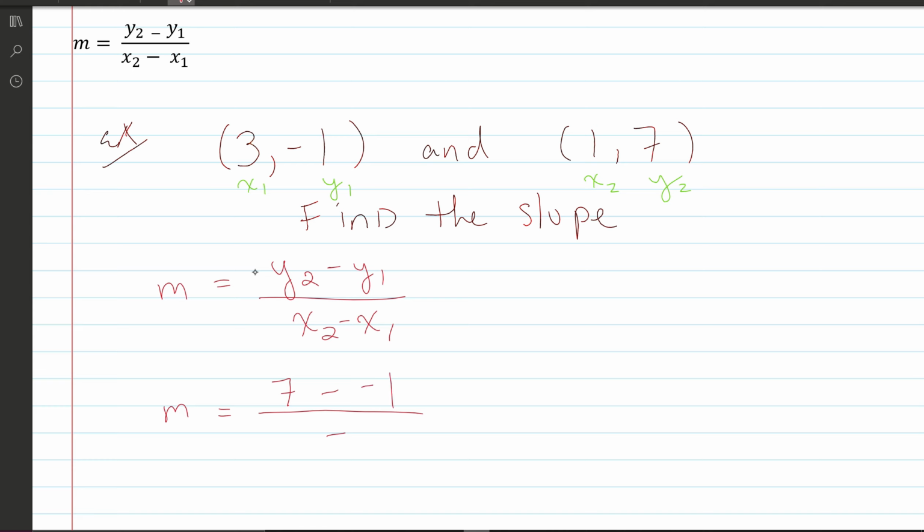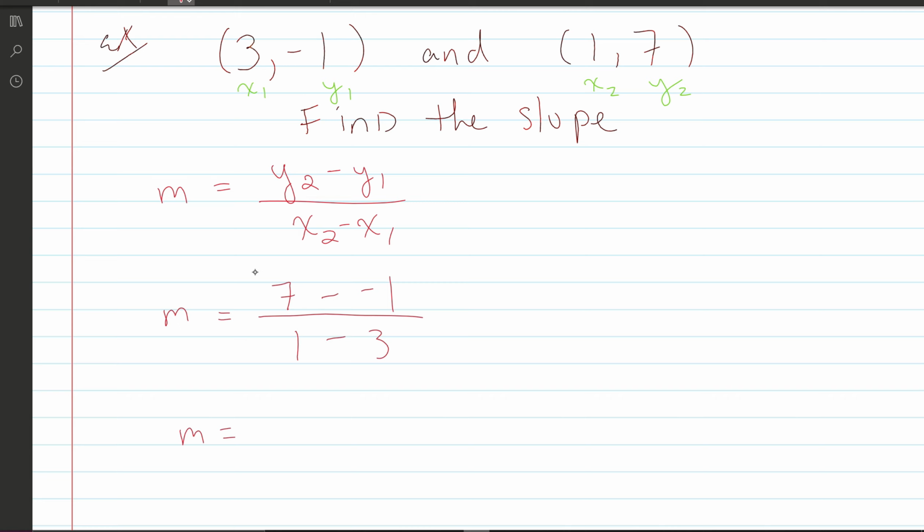X sub 2 is 1 minus x sub 1 is 3. You see how this y sub 1 was a negative value. Sometimes students like to throw away one of these signs initially, but make sure you don't do that. You write the sign that's in the formula and write down the sign of the value you're substituting in.